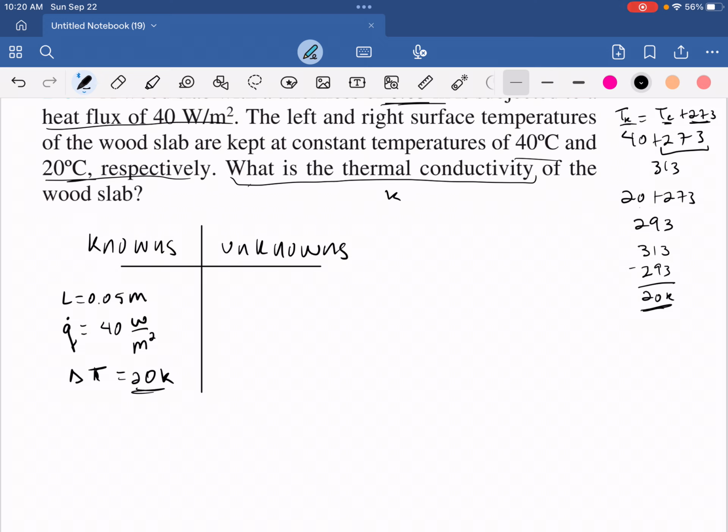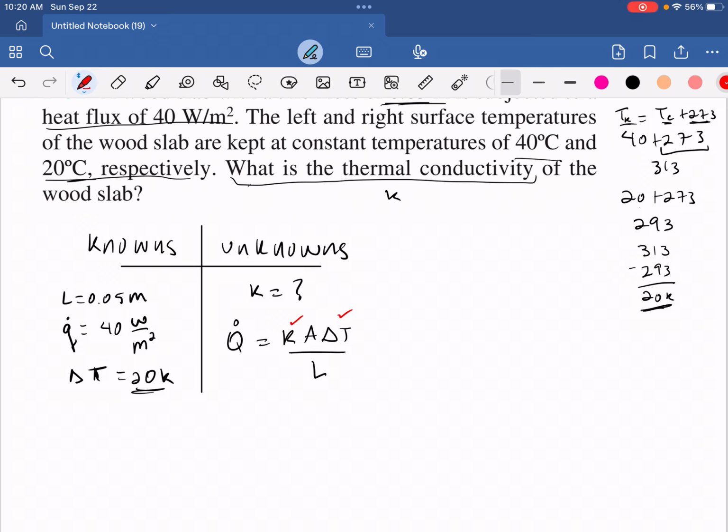What I'm looking for is thermal conductivity. Now, here's the thing. I know I have this formula: Q dot is equal to thermal conductivity times the area times the change in temperature over the thickness. I do know the change in temperature.